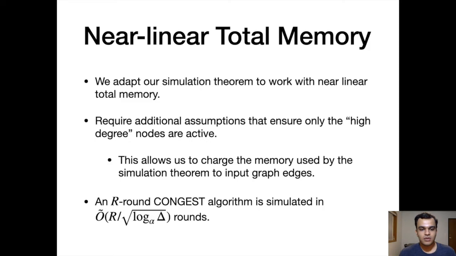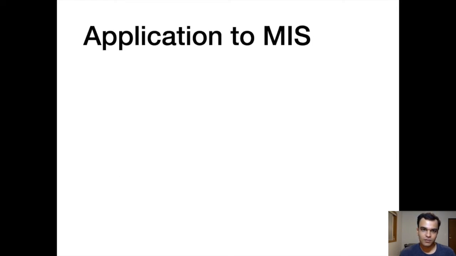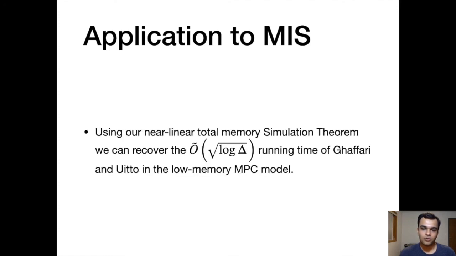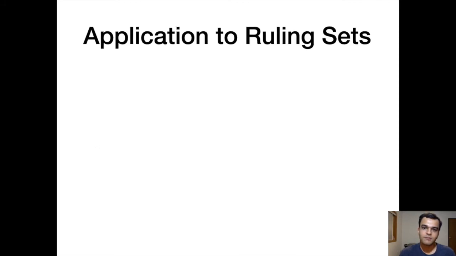This allows us to get an R-round congest algorithm simulated in R over square root log delta base alpha rounds, whereas in the superlinear memory case, we had square root log n base alpha. We can apply our near linear total memory simulation theorem to recover the square root log delta running time of Ghaffari and Uitto in the low memory MPC model.